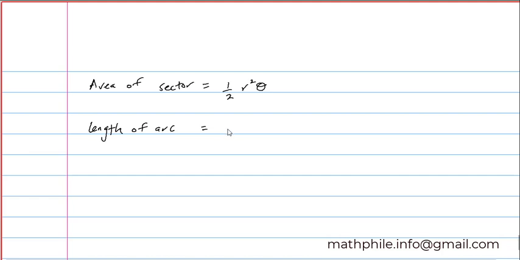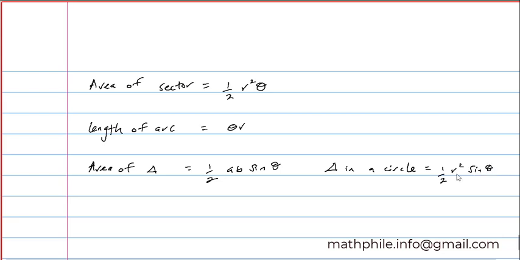So that is fine. Then we've got area of a triangle. 1/2 ab sine theta. In a circle, so triangle in a circle, this would be 1/2 r squared sine theta.